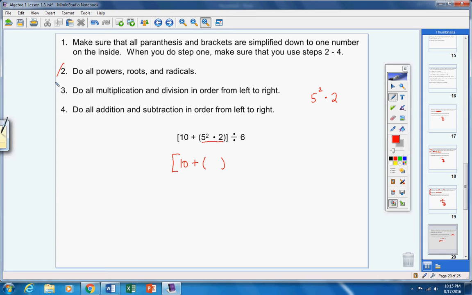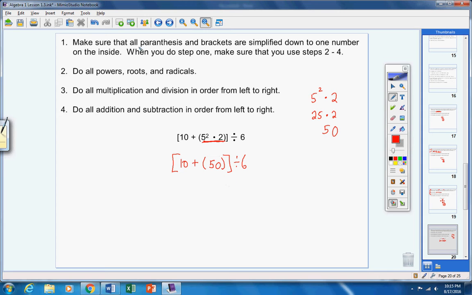Now look at your steps right here. Do you do your multiplication and division first, or do you do your powers first? Well, step 2 says do my powers first, so 5 times 5 is 25 times 2, which is 50. So I took this entire expression, and now it's down to one number, 50. Put your bracket, and then divide it by 6, okay?